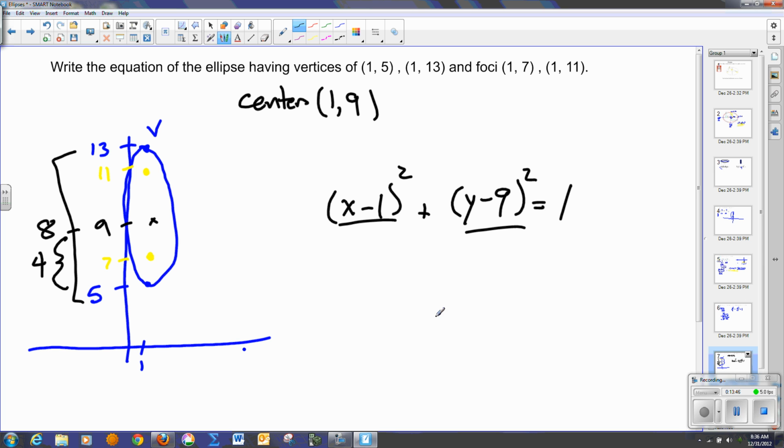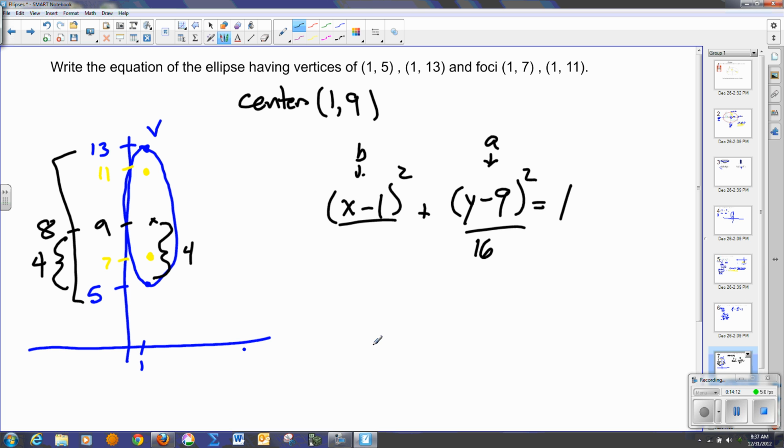Since it's vertical, I know my a value will go under this term and my b value will go under this term. I can find a from the picture because I know the distance a goes from my center to my vertex, and from 9 to 5 I have 4. So my a value is 4, my a squared value is 16.